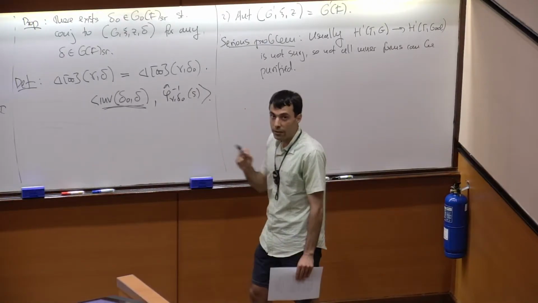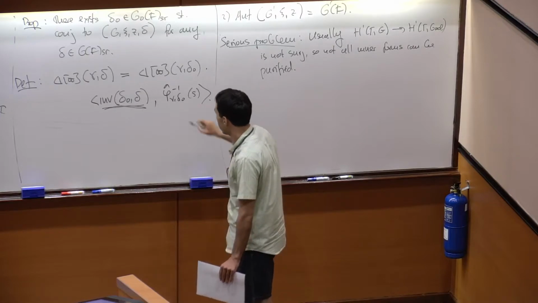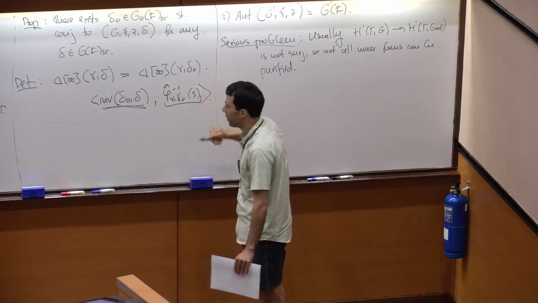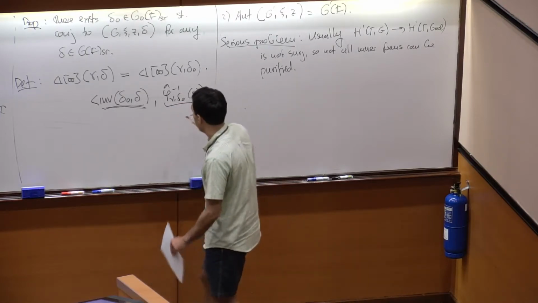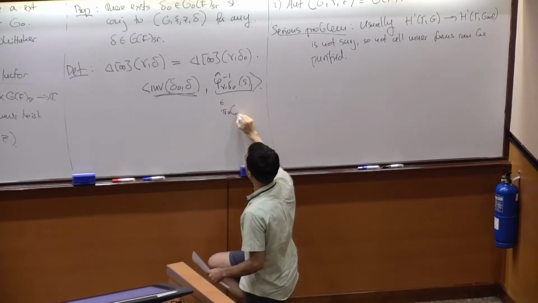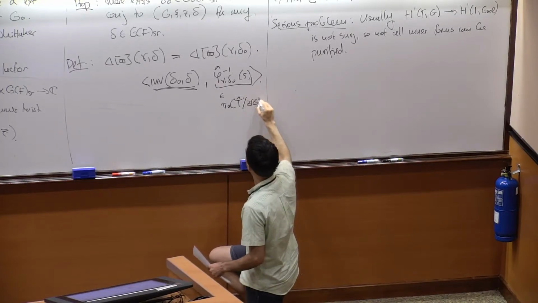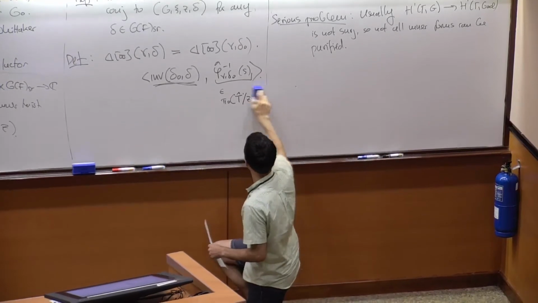Okay, now there is a little wrinkle here, which is what? Well, let's remember what this thing was. So this really lives in pi 0 of T hat modulo Z(G hat).